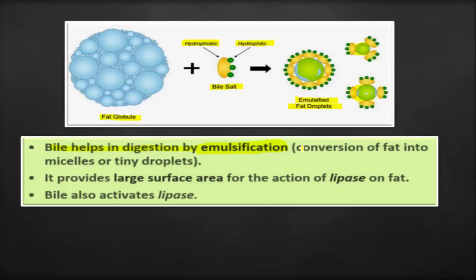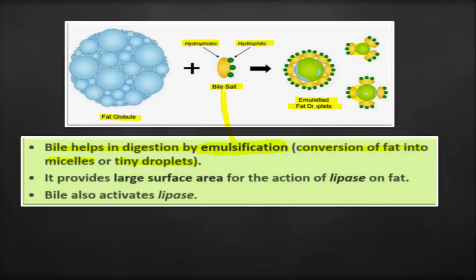So conversion of fat into micelles, that means smaller particles or tiny droplets, is nothing but emulsification, and that emulsification is carried out with the help of bile salts.